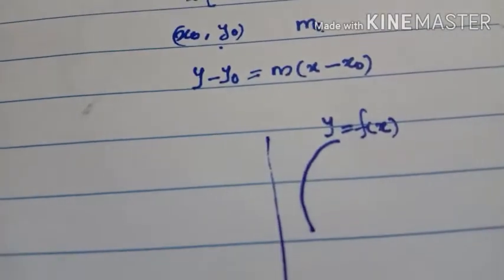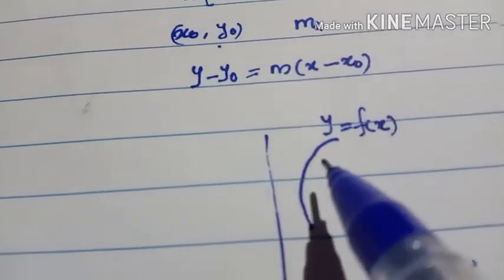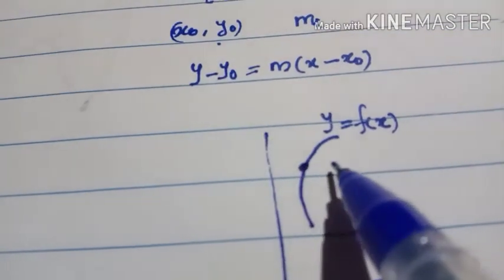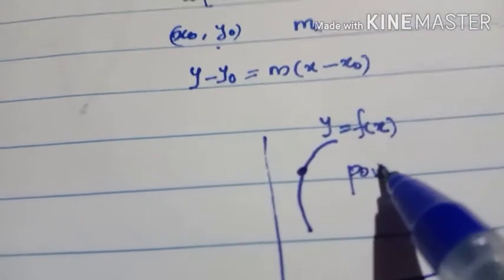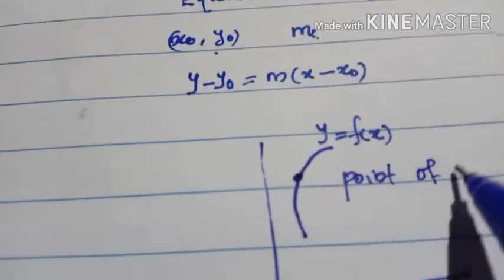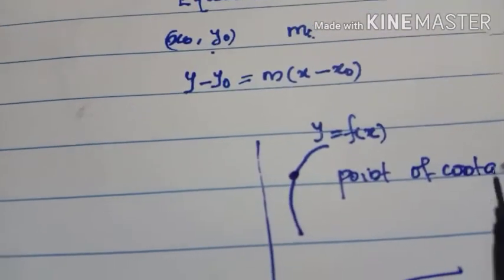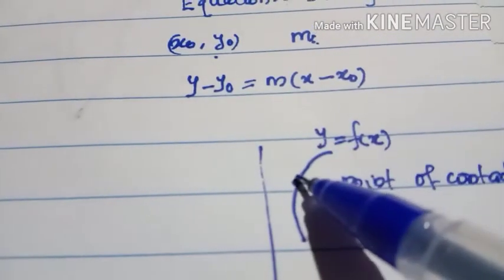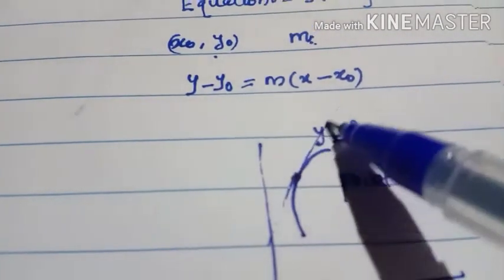Now this curve belongs to the xy plane. Take a point, and this point is called the point of contact. Now draw a line passing through this point.